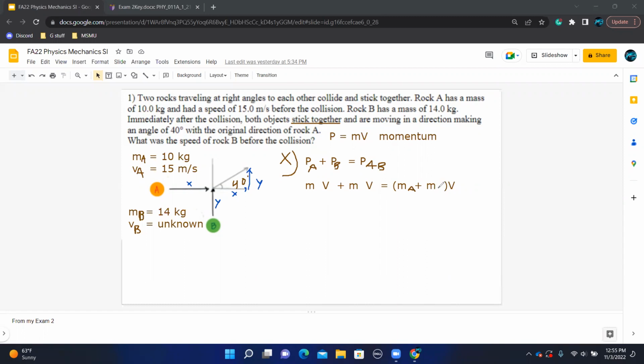Because that means the new point that's moving is like both of them stuck together. I'm just gonna do this as V final. So VF.